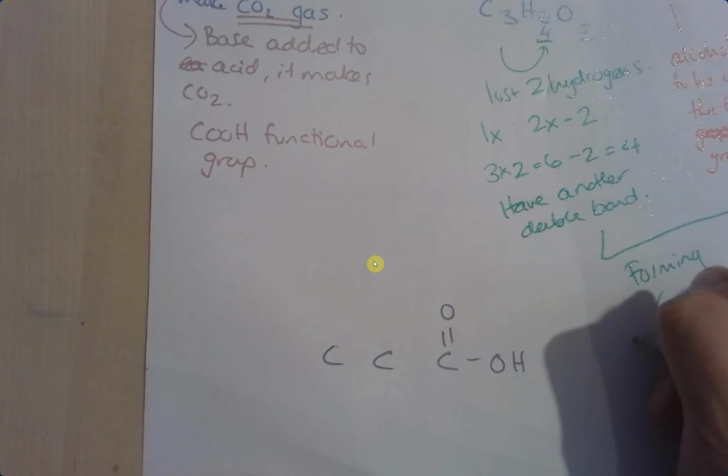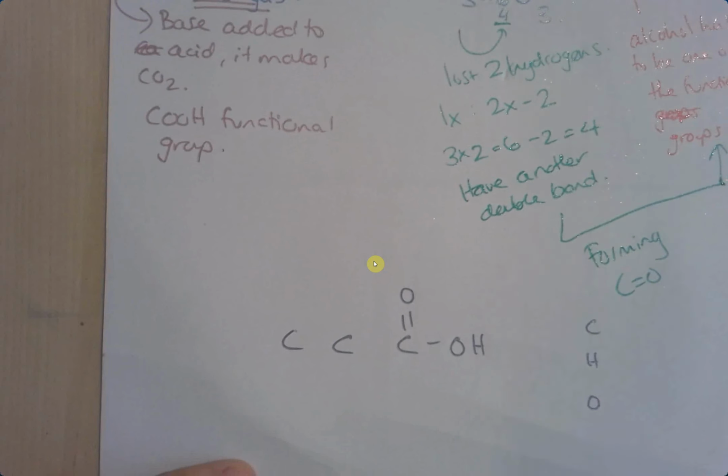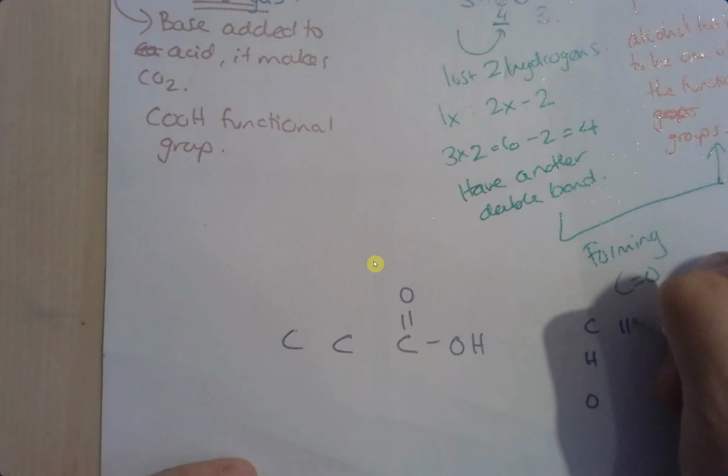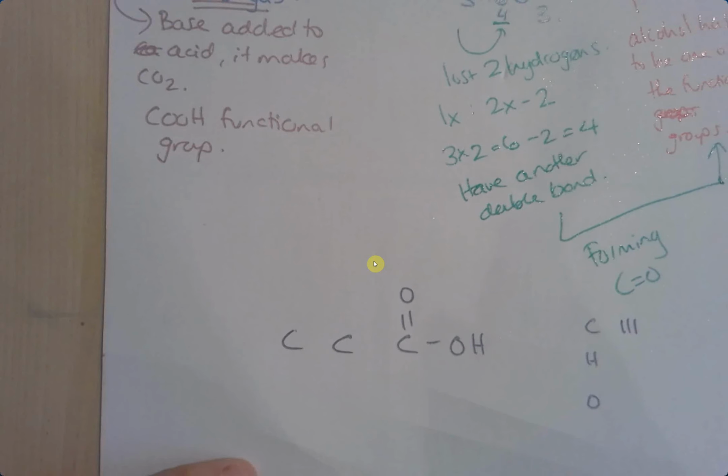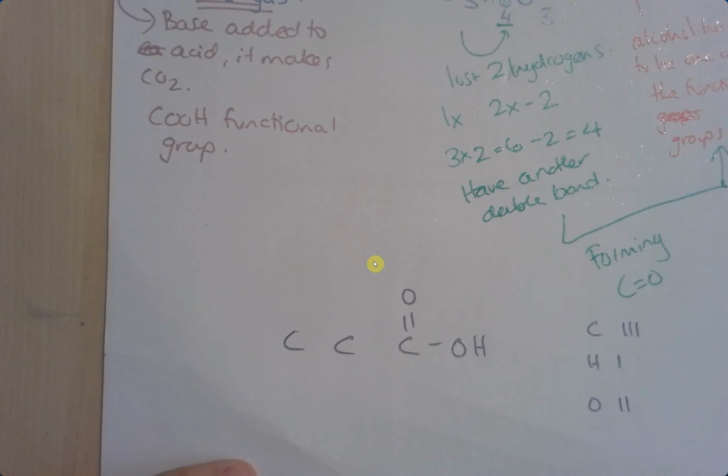The other thing I could do is keep a tally of how many oxygens, hydrogens, and carbons I've used to make sure that I have the right formula and I haven't forgotten something. So 3 carbons have been used, 1 hydrogen, and my 2 oxygens. So what I have left over are the hydrogens and the oxygen.